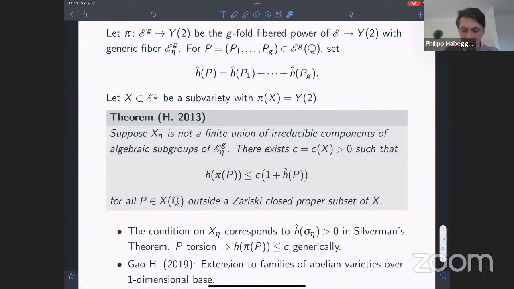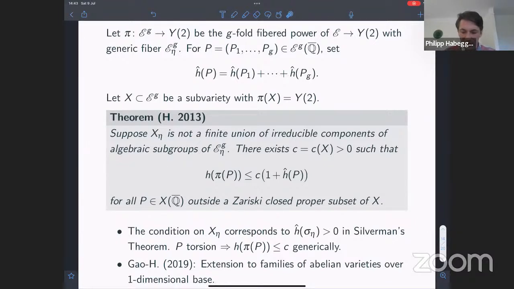So the theorem says the following: the height on the base is bounded from above linearly in terms of the Néron-Tate height on the fiber, and this 1 plus is because we don't say anything about points of small Néron-Tate height. So this holds not for all points on X, unfortunately, but you have to exclude a Zariski closed proper subset of X, some positive codimension subset of X, where this inequality can fail because there's some algebraic group interactions going on there.